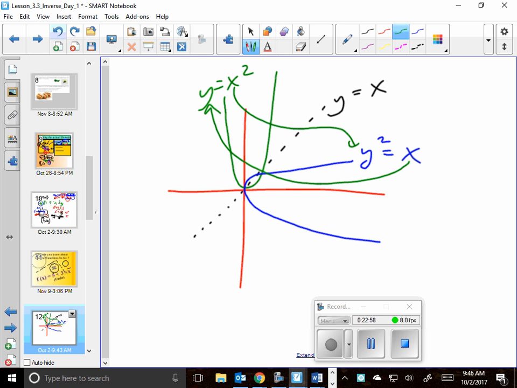Let me give you a point that would be on this one and a point that would be on that one. Would you agree that if it's truly the x squared function, then when I put in 2, there should have been 2 comma 4? Then take a wild guess what's on that blue one. x and y switched, so 4 comma 2 will be on this one.